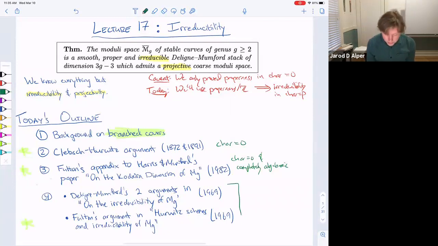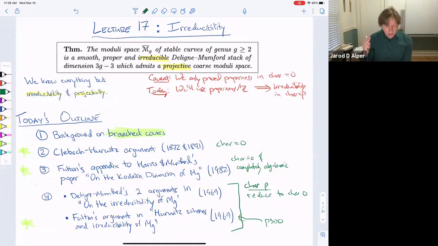These methods are valid in characteristic P, and they show it in characteristic P by reducing to characteristic 0. And in Fulton's case, it only works if the prime is larger than the genus, or G+1. So for primes sufficiently large.